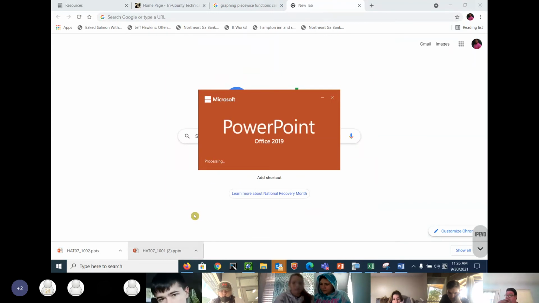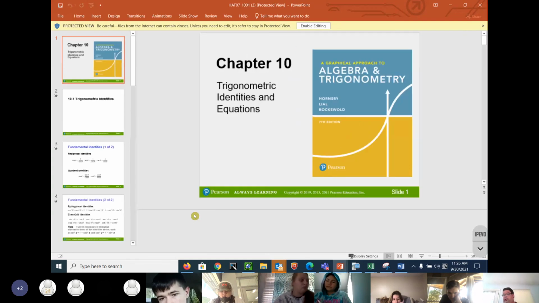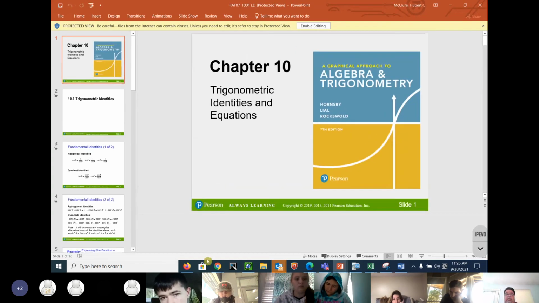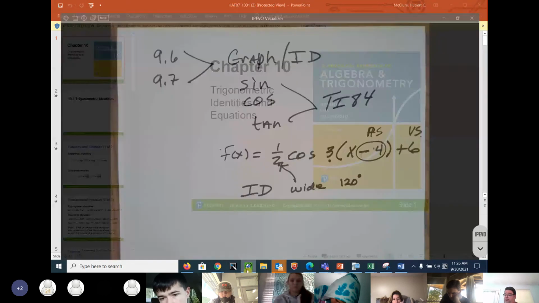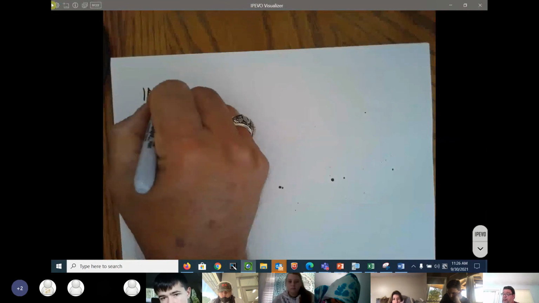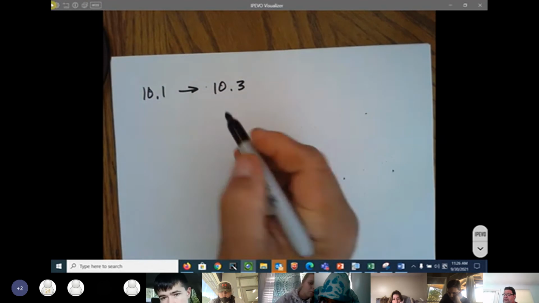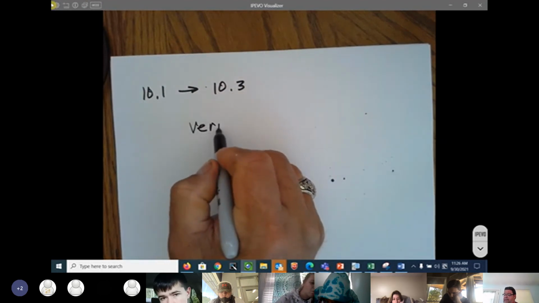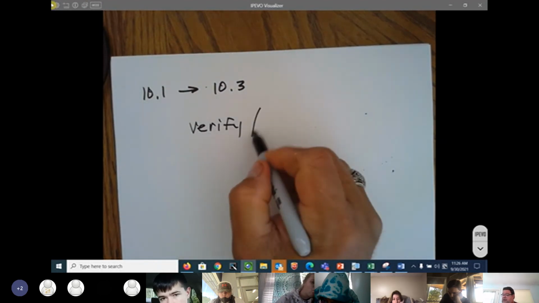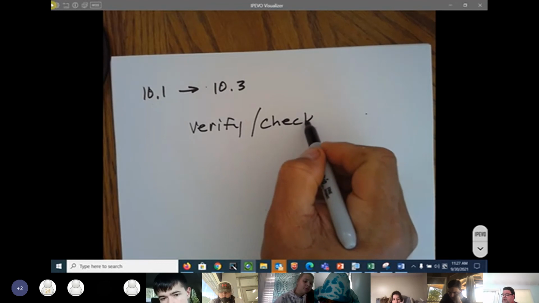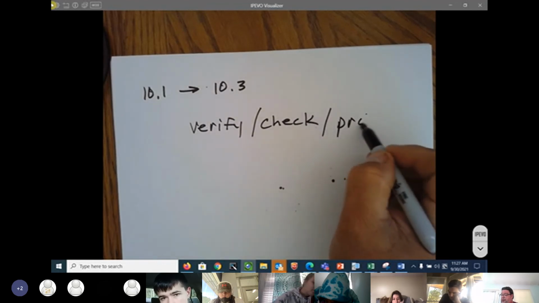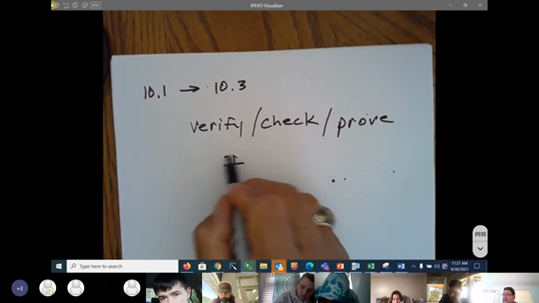Now I can go ahead and tell you this. 10.1 through 10.3, and I'm just going to go ahead and forewarn you, is going to be basically verify, check, prove identities.